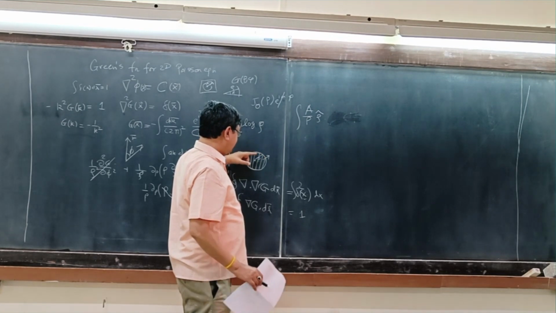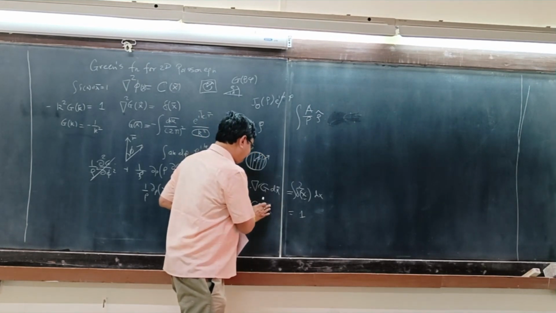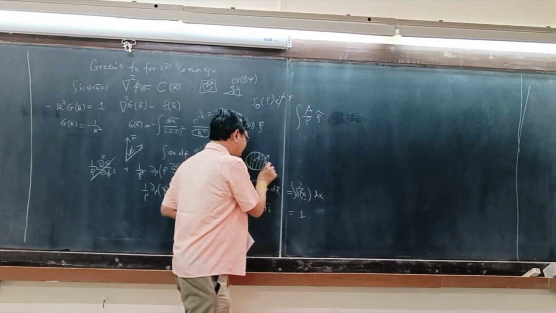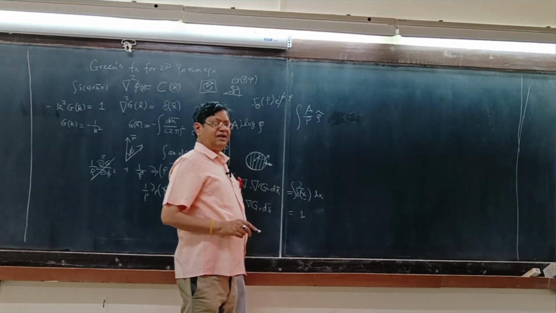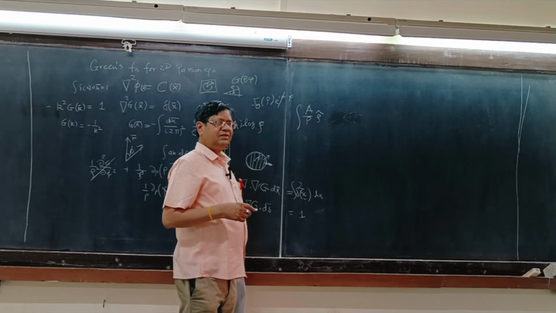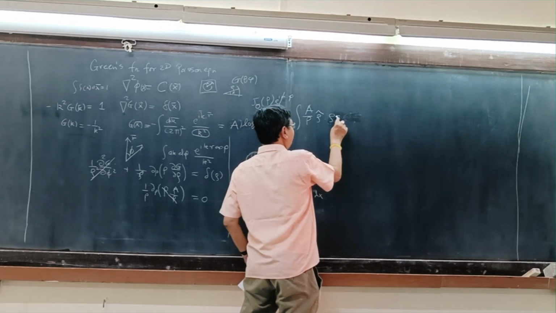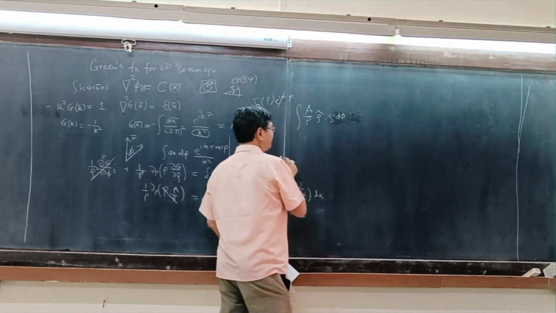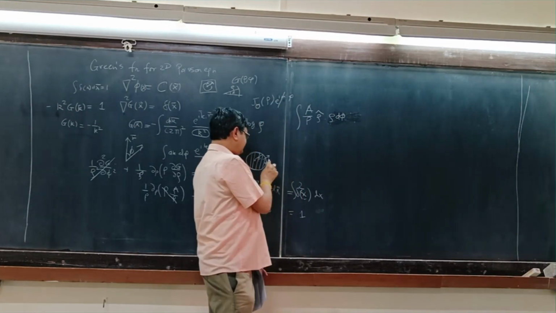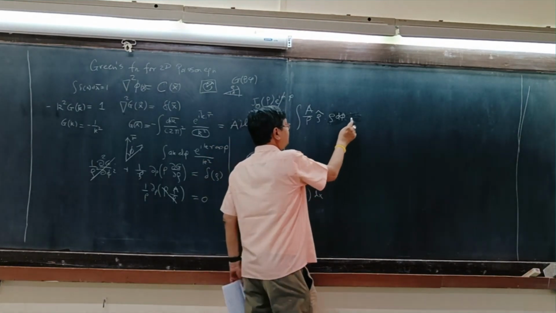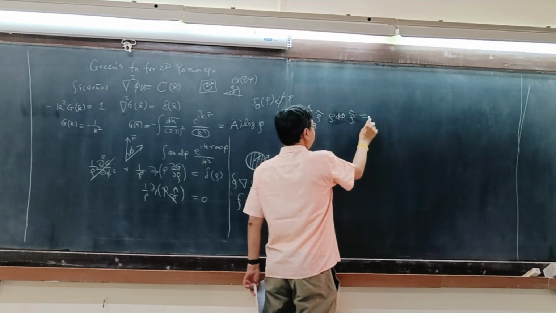By the way, it's still called ds, but the area is this element. And what is that element? It is rho d phi, no dr, and it's still pointing outward, rho cap.